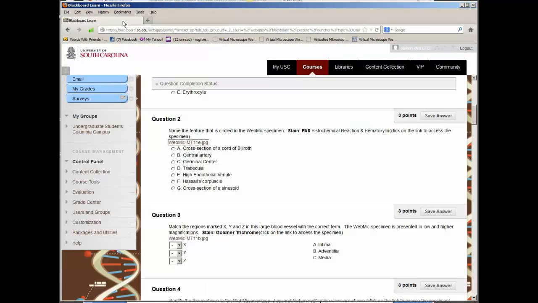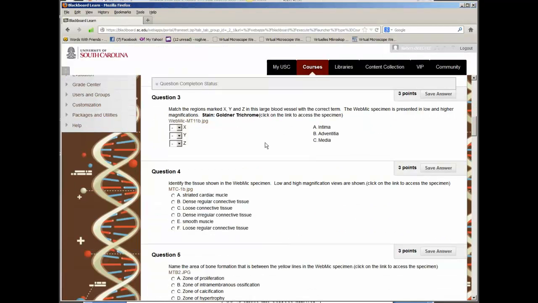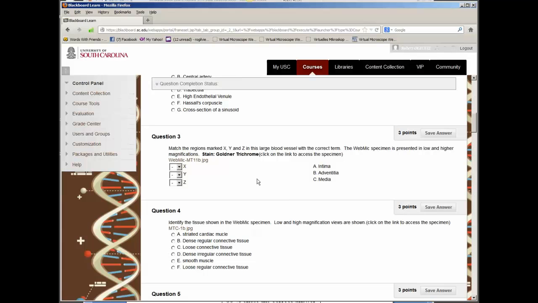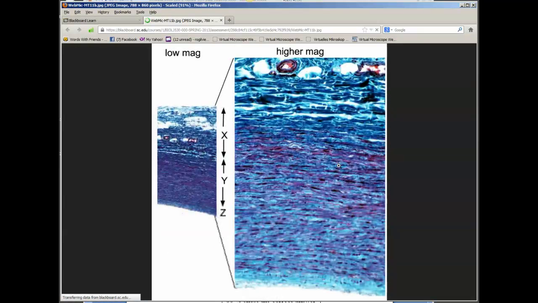I need to get rid of this one, and question 3: match the regions marked X, Y, and Z in this large blood vessel with the correct term. So let's look at that image. And you see here we have a low power, and you can see some adipose tissue out here, and then we look in here, you see adipose tissue, and you see actually a blood vessel, one here and one here.